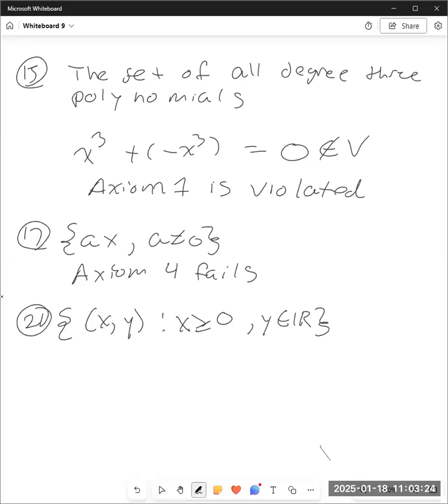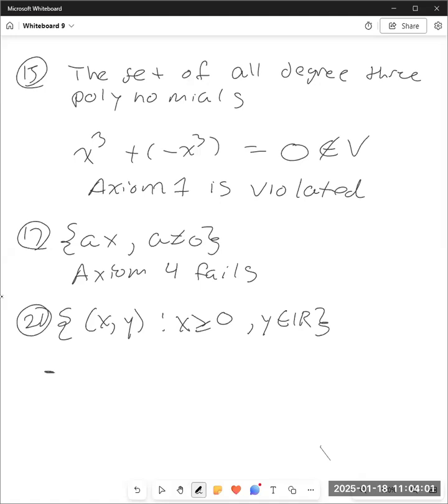So we have a problem: if x has to be greater than or equal to 0, then we can't have an additive inverse that's going to equal the 0 vector. A real easy one to see would be if I just multiplied by -1, which is kind of what I'm talking about with the additive inverse. That's not going to be in my vector space V necessarily.